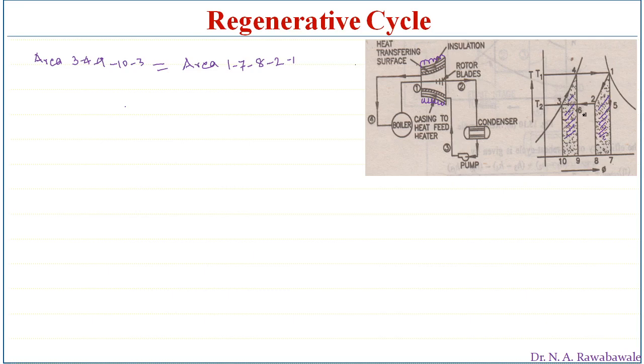That is nothing but the heat lost by steam. The area 3 4 9 10 is the heat gained by water or feed water.